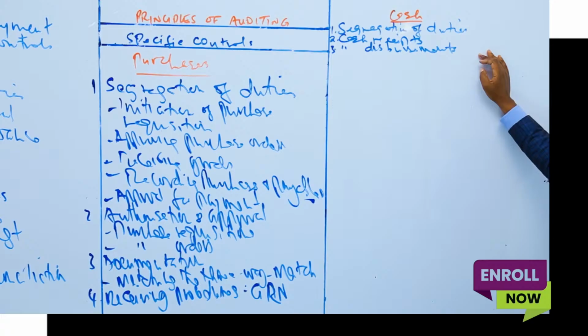That is to say, separation of duties between approving invoices, preparing checks, signing checks, mailing checks, and so on. All those duties should be segregated. Then again, there ought to be what we call petty cash, maintaining a petty cash on an imprest system with regular reconciliation and replenishment based on authorized vouchers.